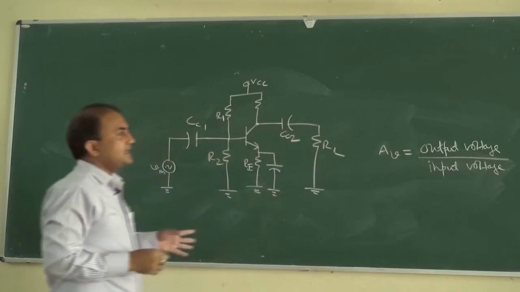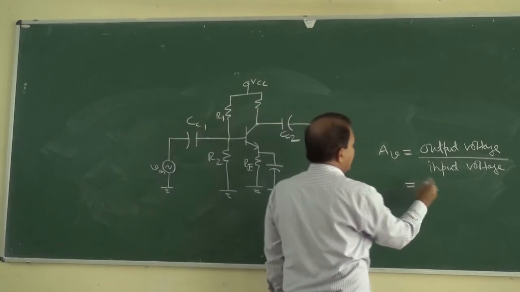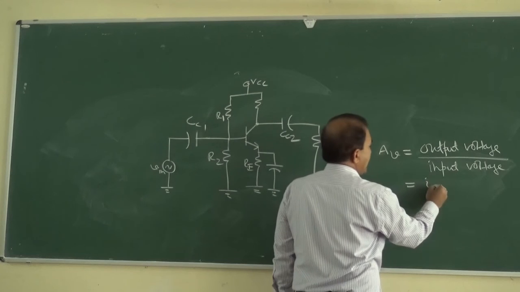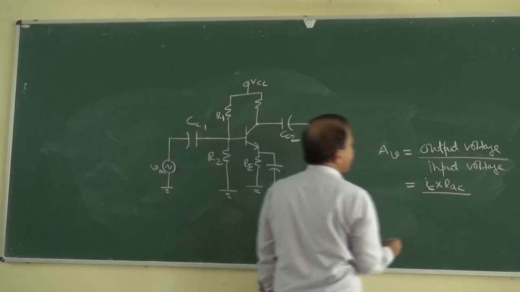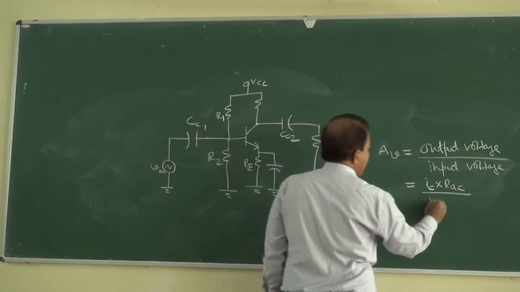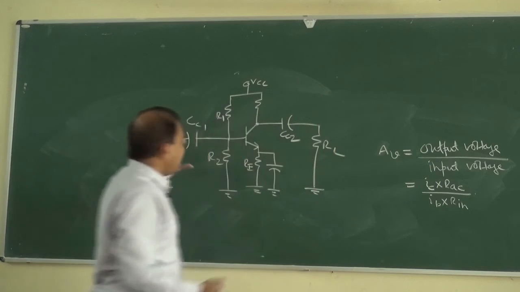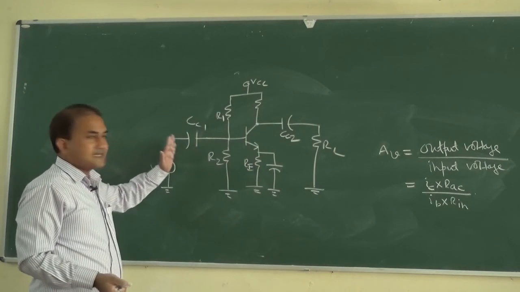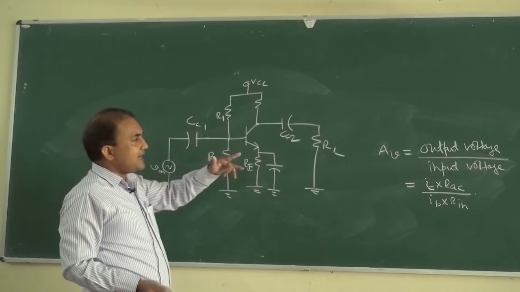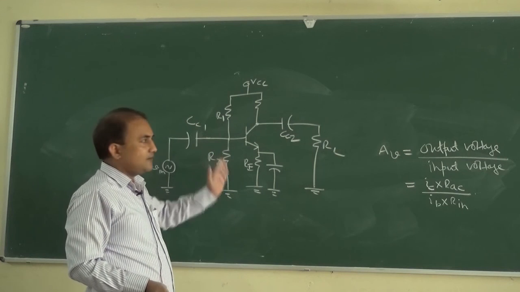Output voltage is equal to IC into RAC, divided by input voltage, which is IB into Rin. Rin is the input resistance of this amplifier circuit, and RAC is the output resistance of this amplifier circuit.